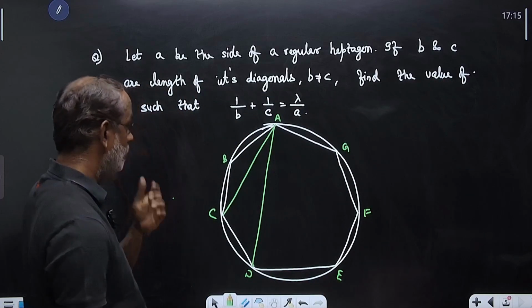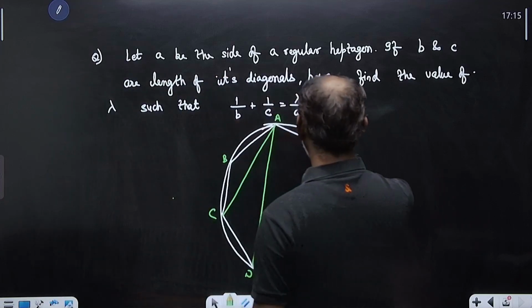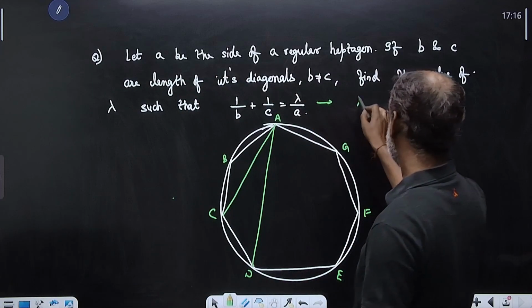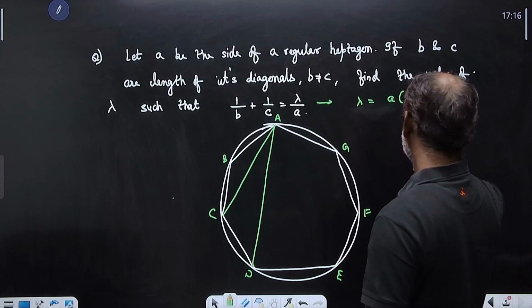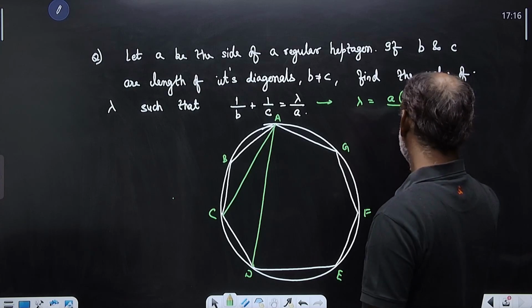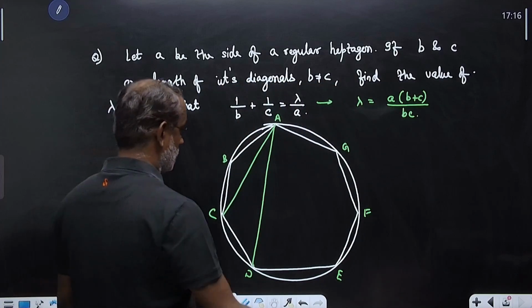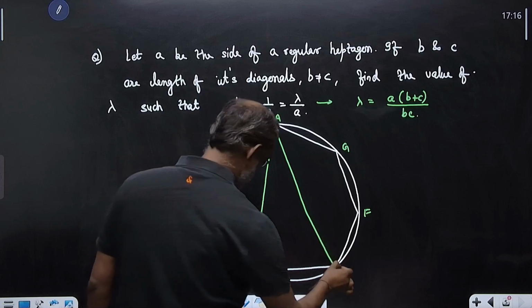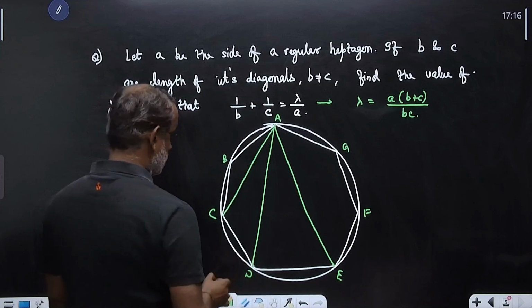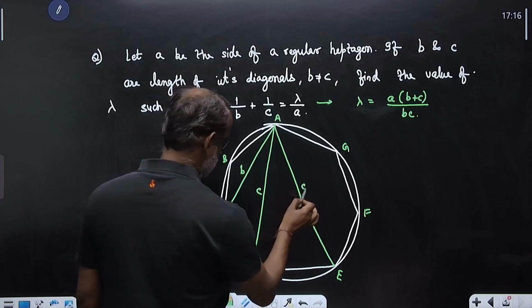Now we have to effectively find what lambda is. Lambda is a into b plus c upon bc, isn't it? So this is say b, c, c.